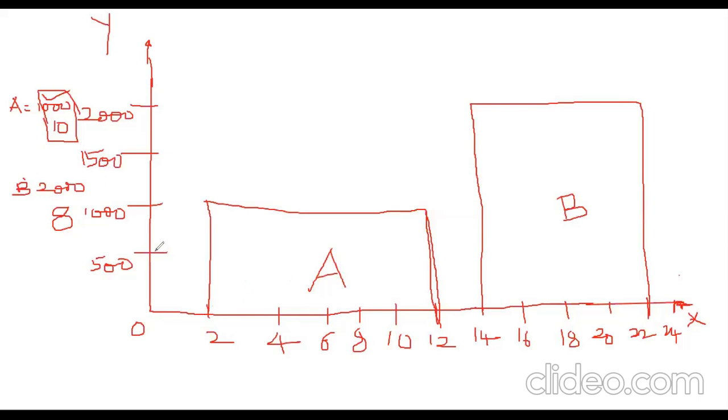So total area will be 1000 into 10, 10,000. Whereas here 2000 into 8, this is going to be 16,000. So total area will come, that is length into breadth. Length into breadth will come into picture. Hope you understood.